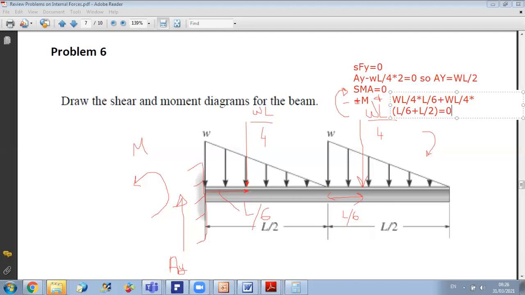In this way, you will express your reaction moment at A as a function of omega and m. Once this step is done, I am ready to start drawing my shear and bending moment diagrams.